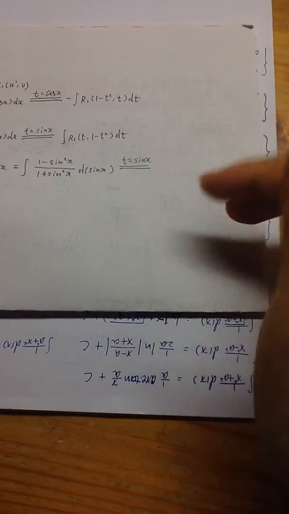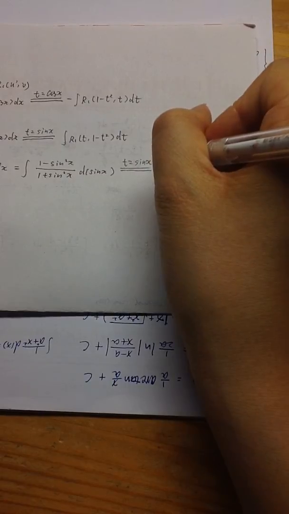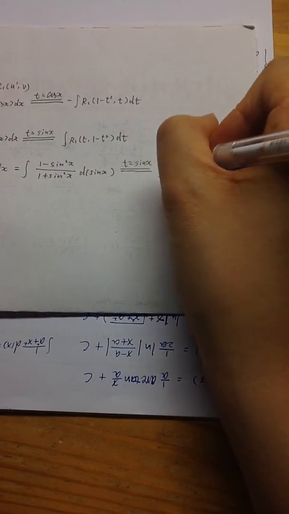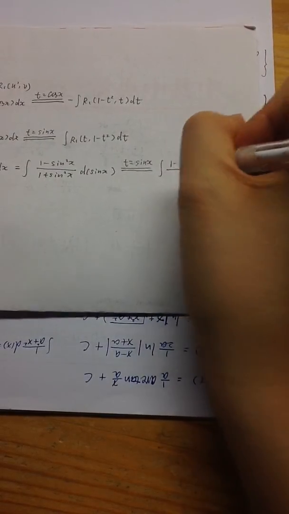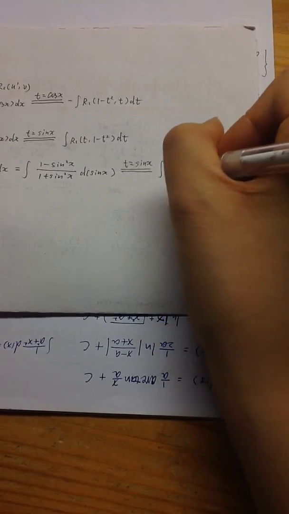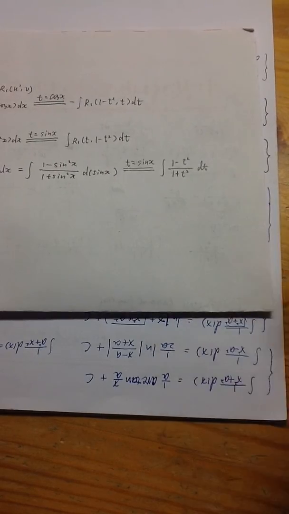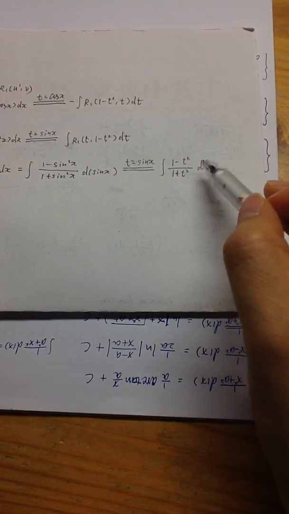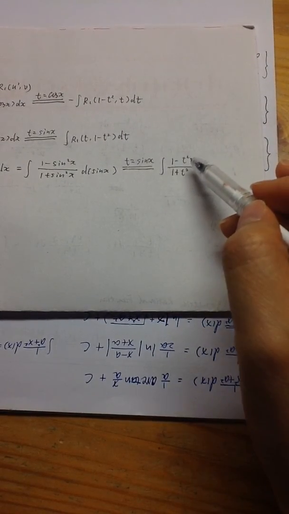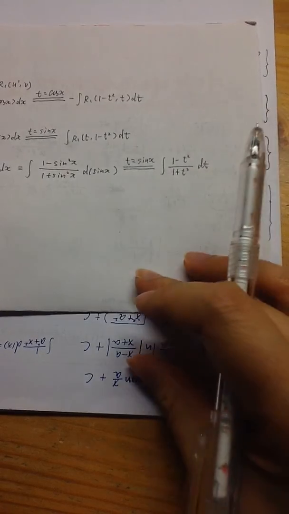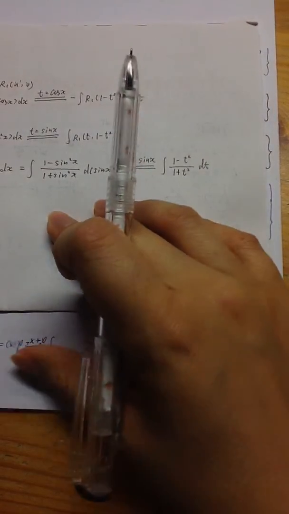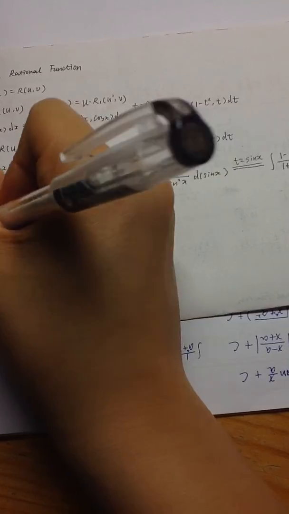So we get the integral of (1 minus t squared) over (1 plus t squared) dt. Now we get an R_E rational function of t, so the following is much simpler.